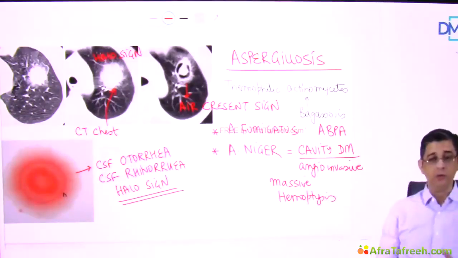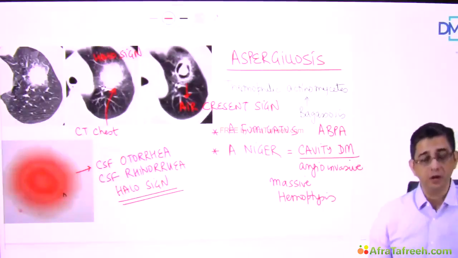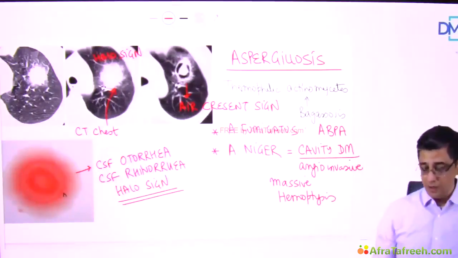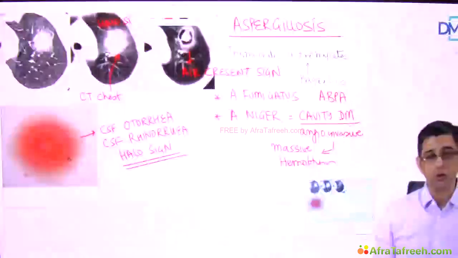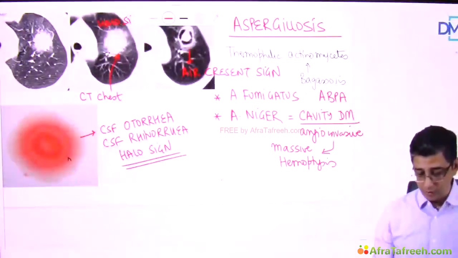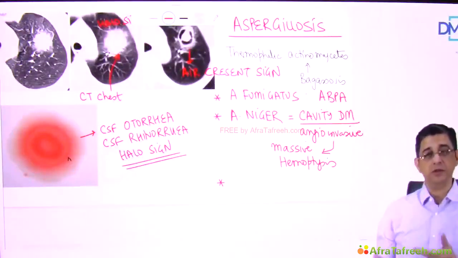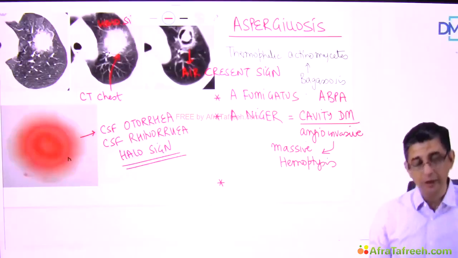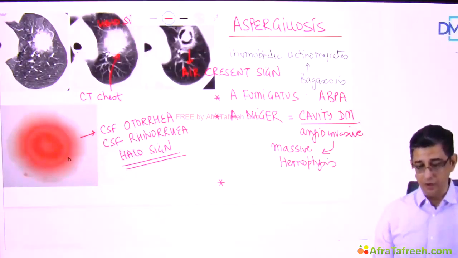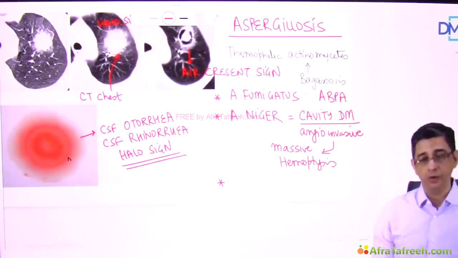So misdiagnosis of chronic pulmonary aspergillosis is common, and by the time we realize our folly, we might actually lose the patient due to massive hemoptysis. This infection is seen in neutropenic patients and patients with low immunity, but the mortality rates with this fungus are very high compared to what we normally expect.